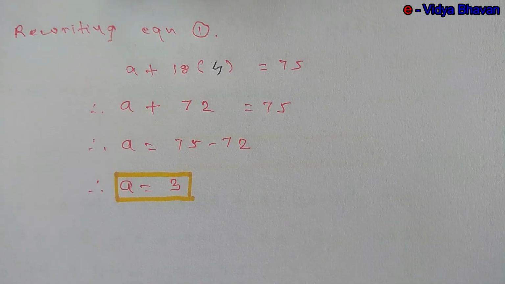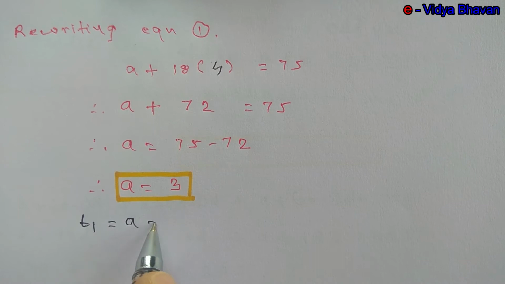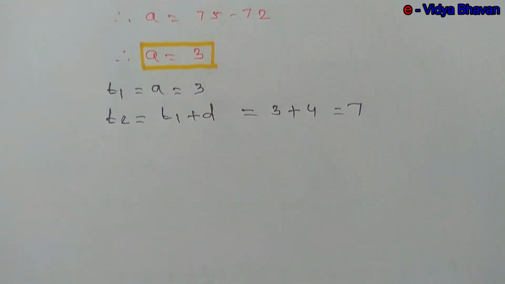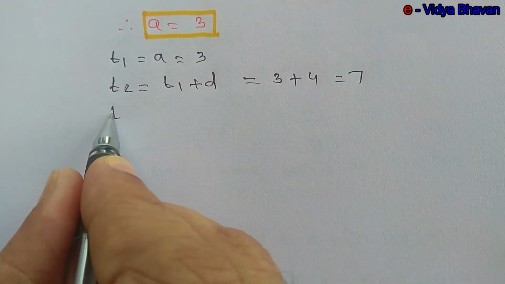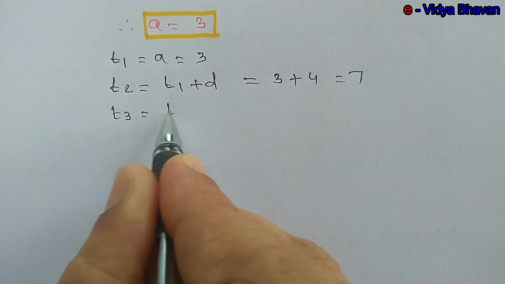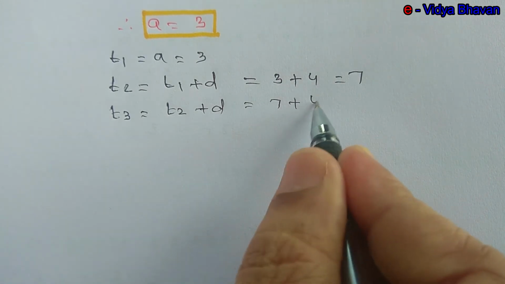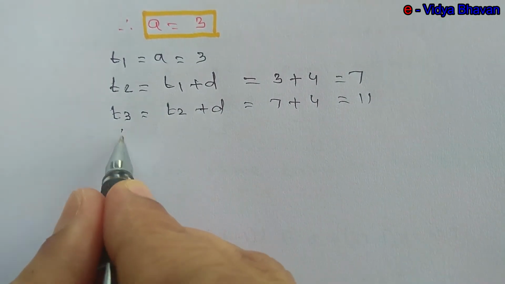So, first we will write down T1. T1 is equal to A, that is 3. T2 equal to T1 plus D, that is T1 is 3 and D 4, that is 7. And further we can say T3 equal to T2 plus D, that is 7 plus 4, 11, and so on.